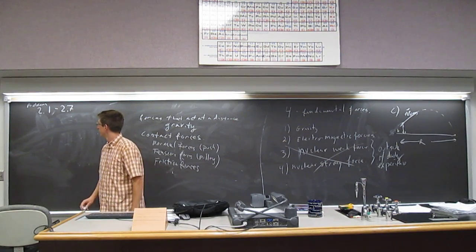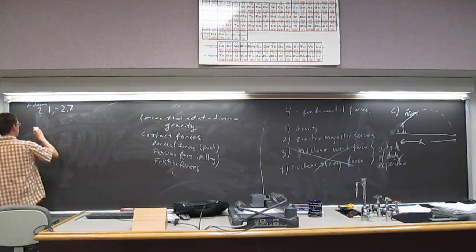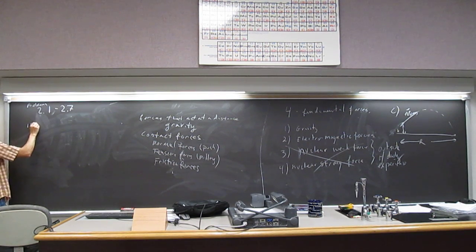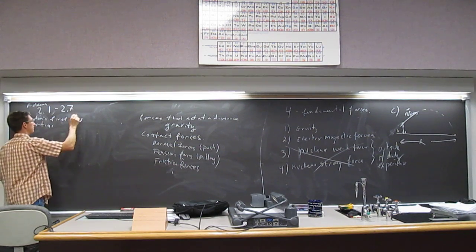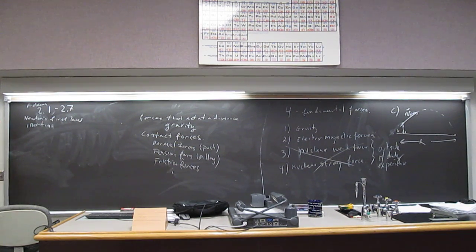One other thing before I let you go. There's a rule. This is Newton's first law of motion. If an object doesn't have any force on it, it will move at a constant velocity.